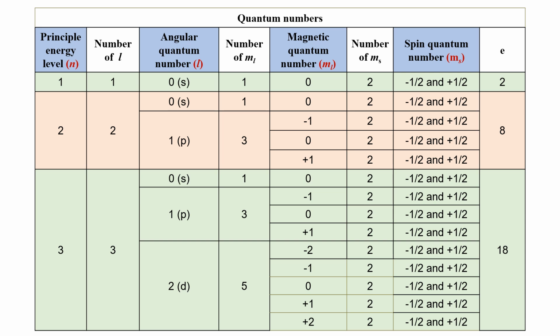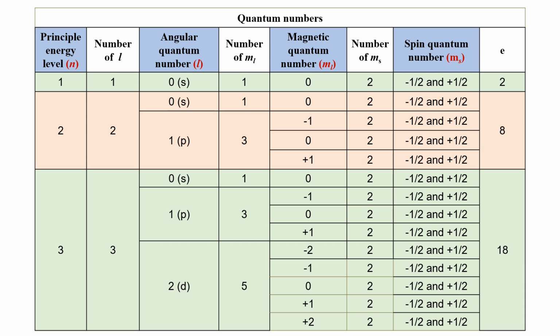Next, let's go to principal energy level 2. There are only two azimuthal quantum numbers that can exist. These two are 0 and 1. For the 0 quantum number, we have only one magnetic energy level, as we discussed earlier, but when the azimuthal quantum number is 1, there are 3 magnetic energy levels.